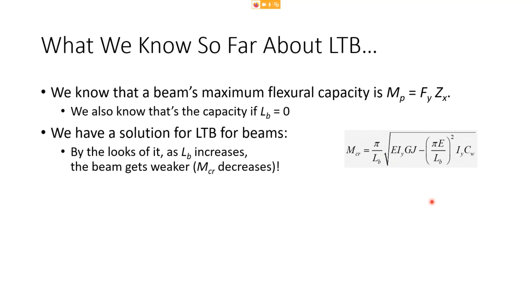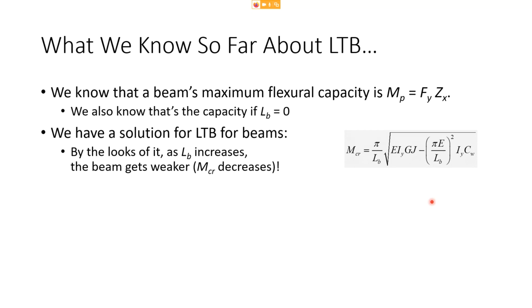That makes sense behaviorally, because remember, LB is the distance between braces. As those braces get further and further apart, the beam gets flimsier between the braces. It gets more slender, and it wants to buckle more. So as LB goes up, the moment capacity goes down.